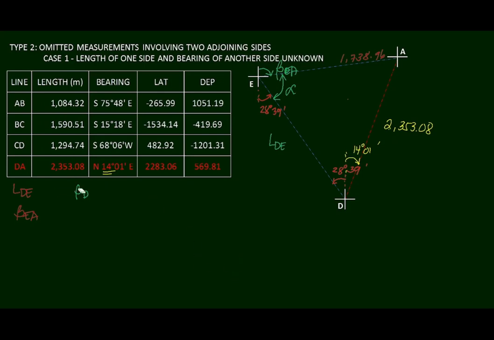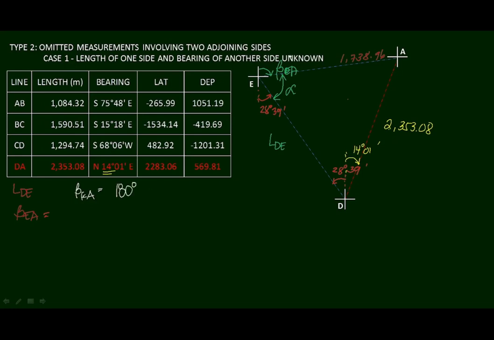So, from this, masosolve ko yung bearing ni EA. I'll just change the color of my pen. So, for the bearing of EA, that is simply equal to 180 degrees.